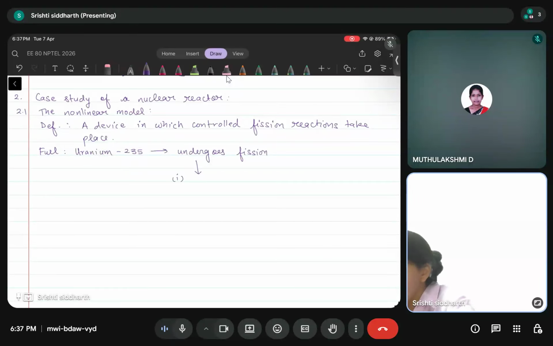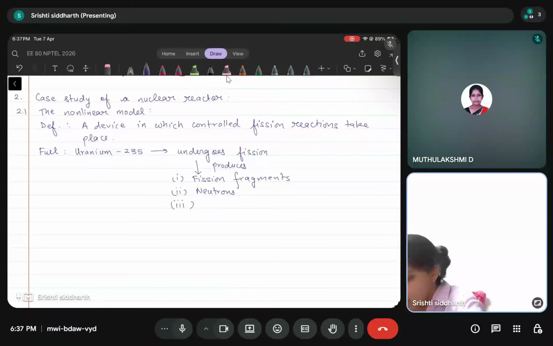So the first one is the fission fragments. Then it's the neutrons, free neutrons, and then the third one is other radiations.